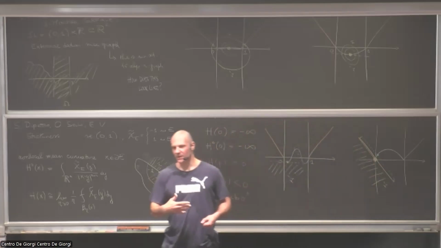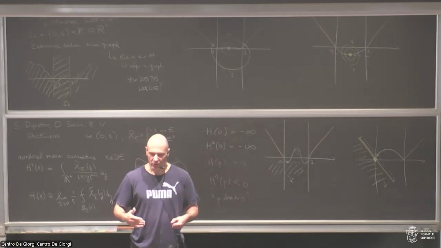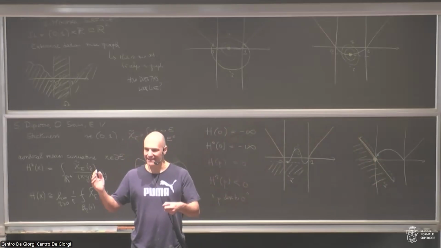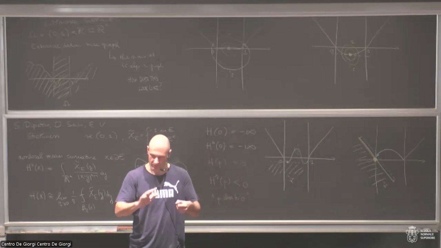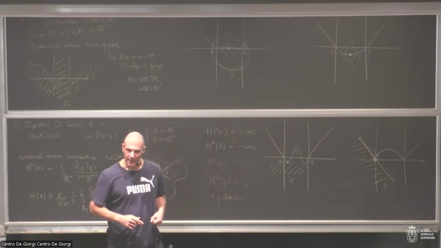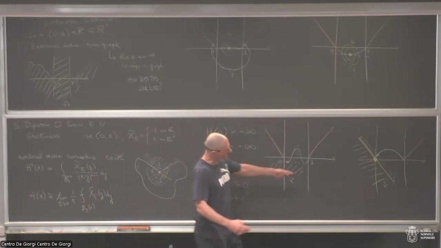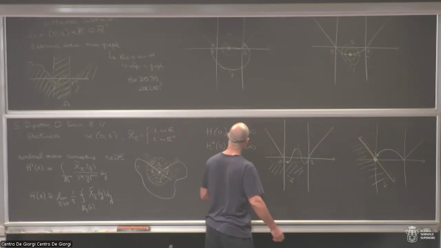This is an argument I will keep using, that I will try to compute things at the boundary, maybe as limit of things coming from inside. Whenever I'm able to do that, I will try to speak about the boundary equation. This is a tricky part. We will see why, but this picture, I would say, is convincing and rules out this possibility.